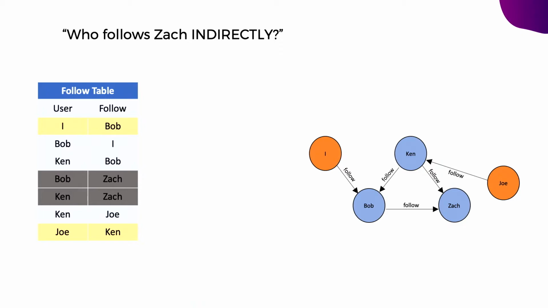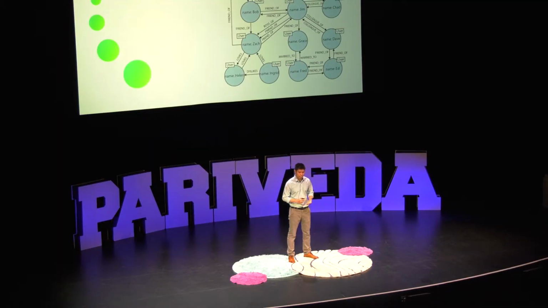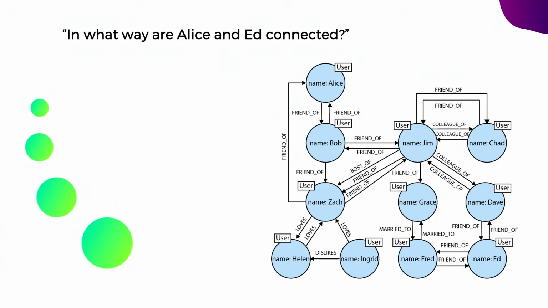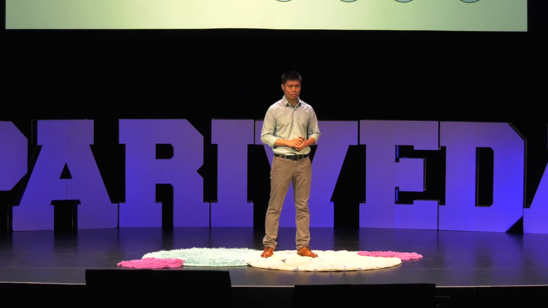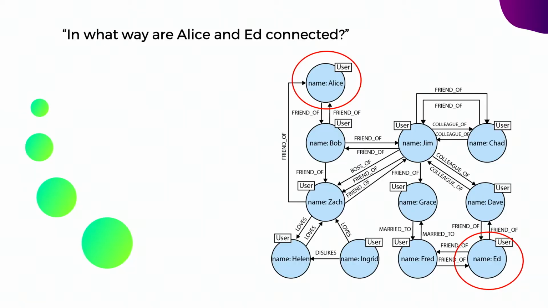That's going to grow this scan operation exponentially, and the time it takes is going to become unbearable. But that's not the most complicated problem we have to solve with a relational database. For example, in a more complex scenario, we ask the question: in what way are Alice and Ed connected? They're located at the diagonal corners of this graph.